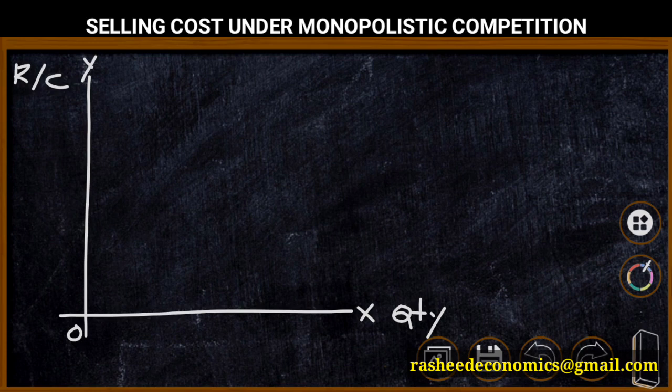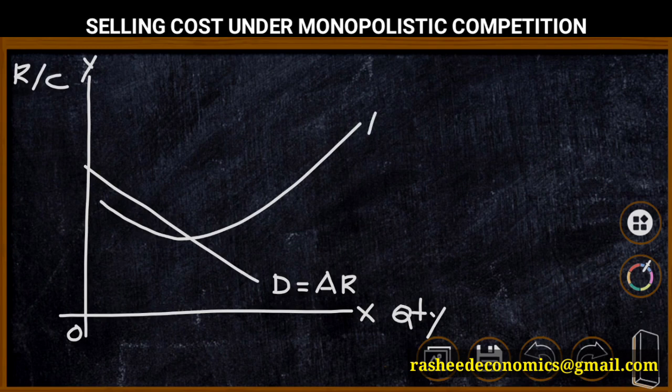Here initially we are considering the condition of equilibrium without advertisement. Initially the firm has a demand curve or average revenue curve like this, and corresponding to this average revenue curve we are drawing an average cost curve. This is average cost curve 1.